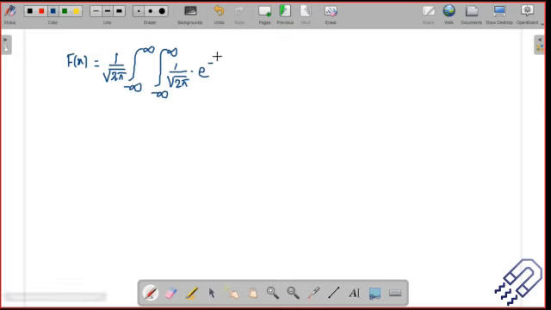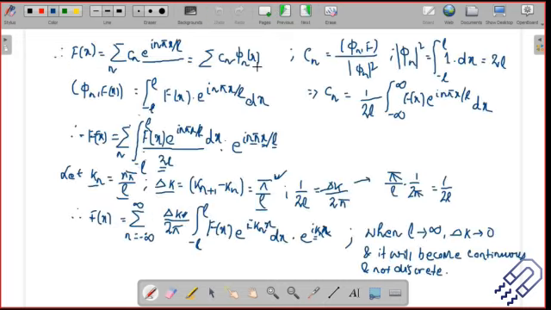I think I made one mistake here. Now this function that we have, we can actually write it down in terms of e to the power minus i n pi x by L. It can be written in this form. Please check this. Sorry, I missed out a minus sign over here. So this should be minus.